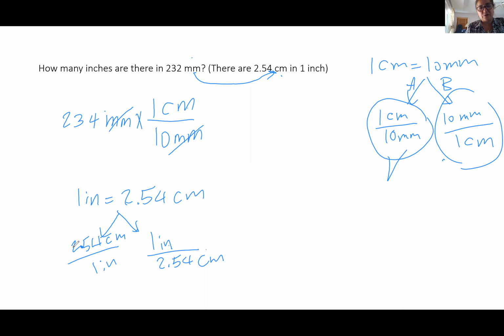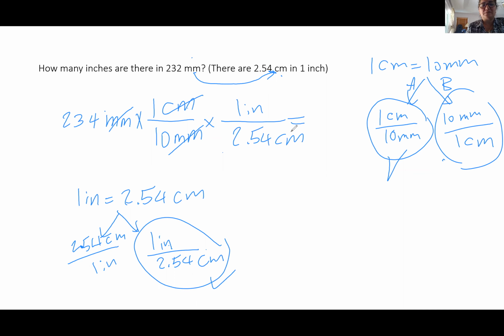Which one are we going to use? You want to cancel the centimeter, so we are using the one where centimeter is in the denominator, and we can cancel it: 1 inch over 2.54 centimeter. Now, centimeter cancels with centimeter, and inches would be the last or wanted unit. That's what we are going to end up with.